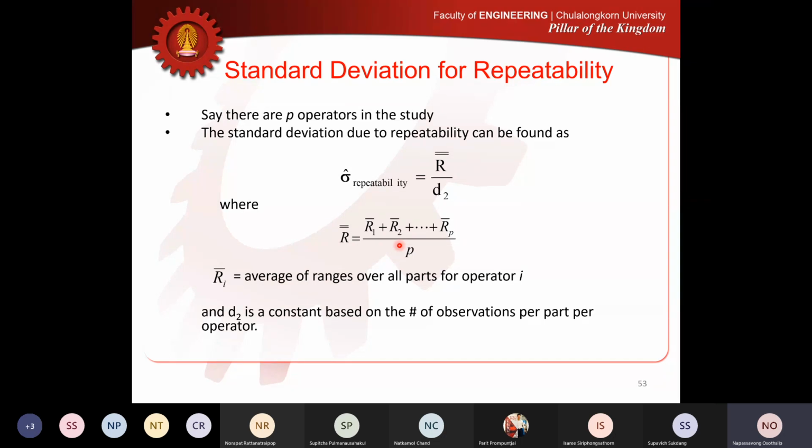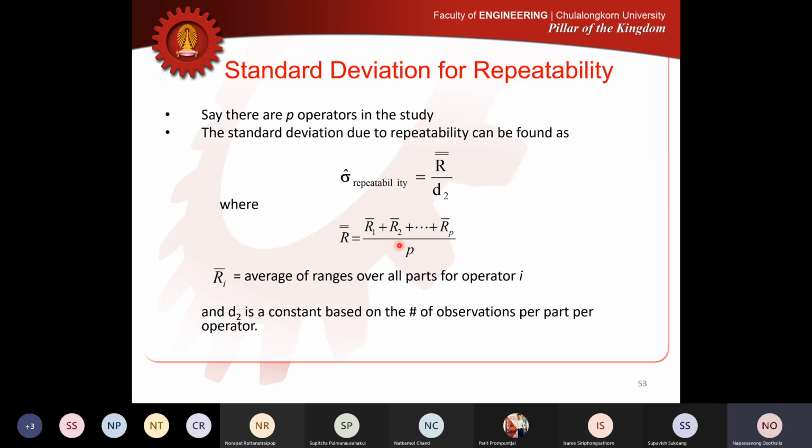It doesn't depend on the operator anymore because it's just an average of all operators. So it gives you the variation regarding repeatability of this measurement system.